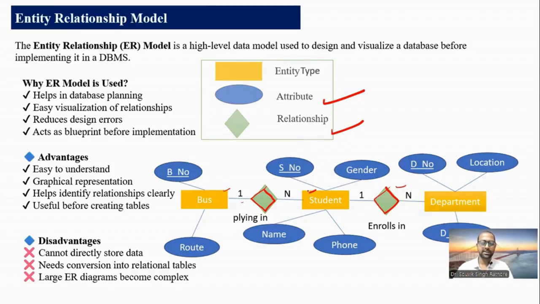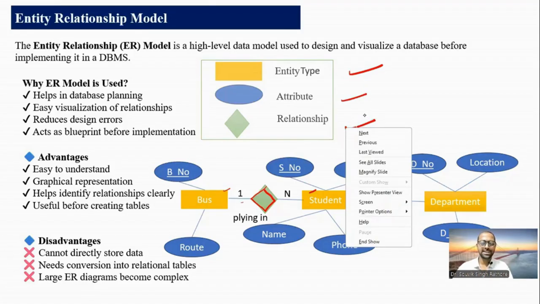These are called cardinalities, which tell us how many entities can participate in a relationship. We will study cardinality in detail in future videos. For this lecture, simply remember the three basic symbols: a rectangle for entity type, an oval for attribute, and a diamond shape for relationship. These three symbols form the foundation of every ER diagram.